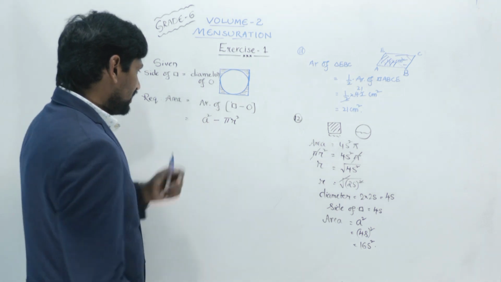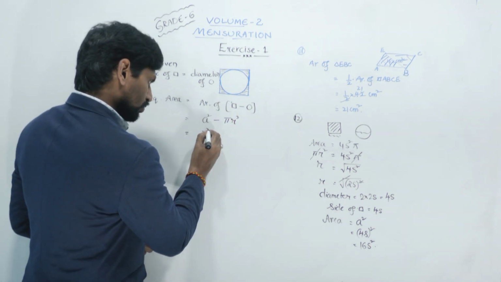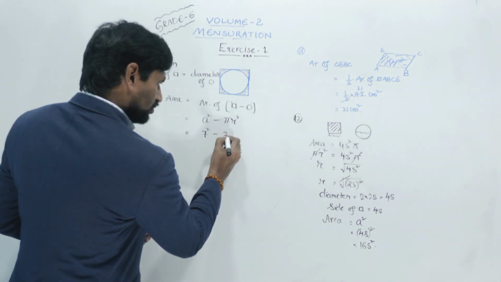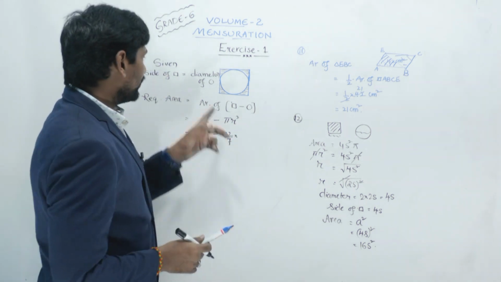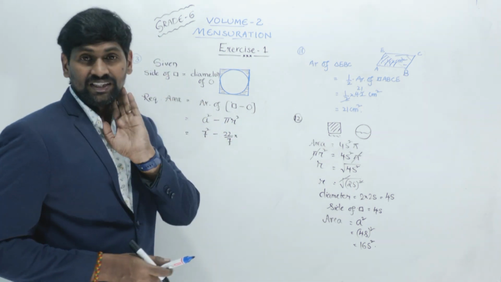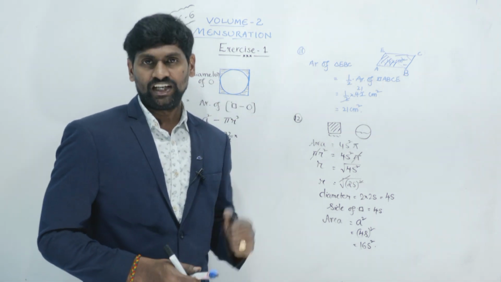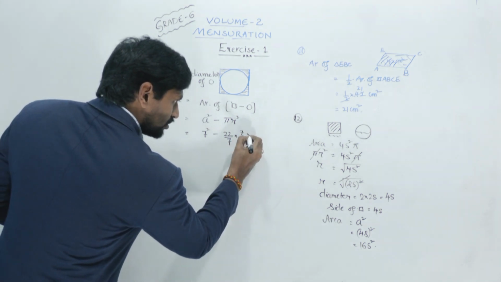The side of the square is 7, so this is 7 square. For the area of the circle, I am writing pi as 22 by 7, and the radius. We know the diameter is 7 centimeters, so the radius is half of the diameter, 7 by 2.